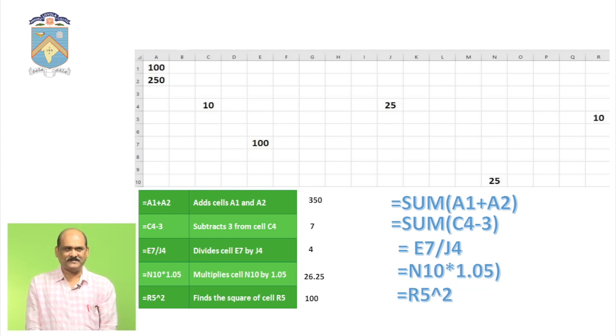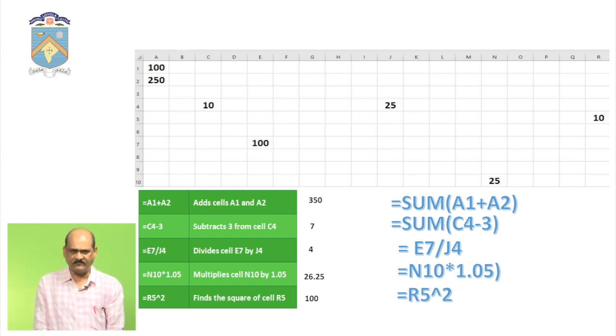For that, I used equal sign SUM and C4 minus 3. So, the sum of C4 and minus 3 is taken and the result will be 7. And again, we do not have any division function. Hence, again I used E7 by J4.